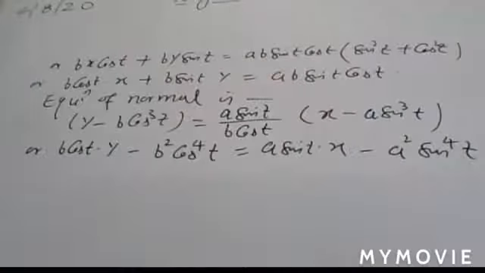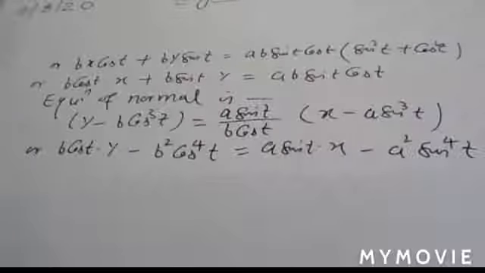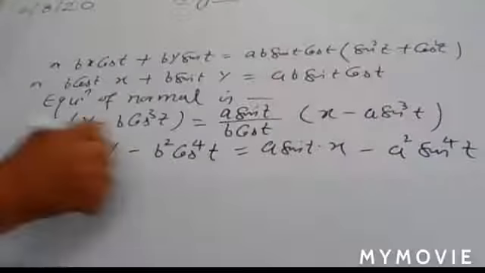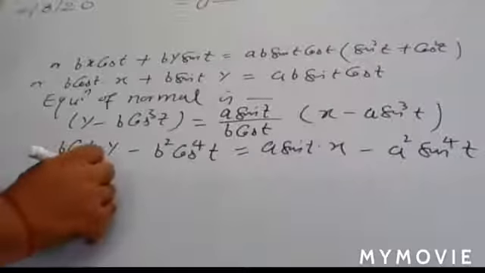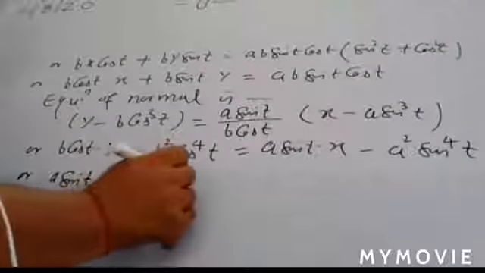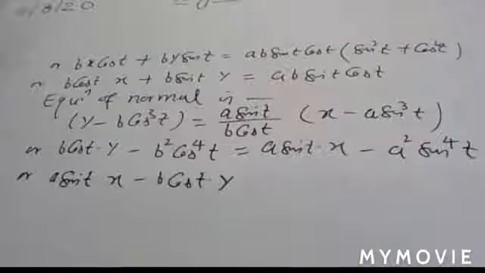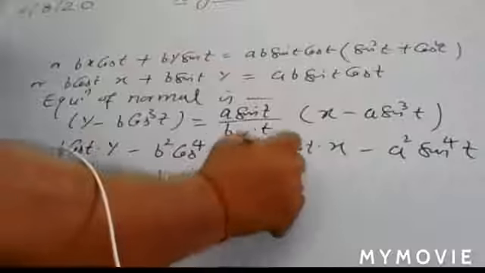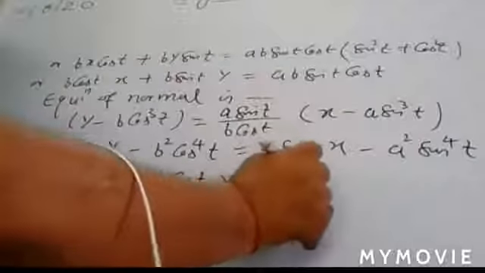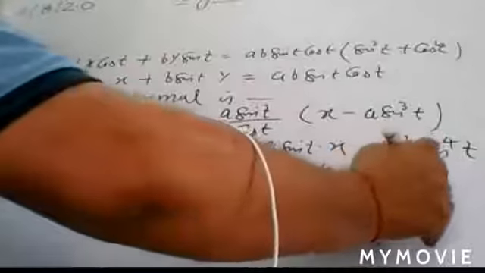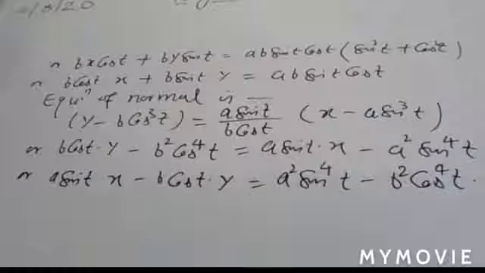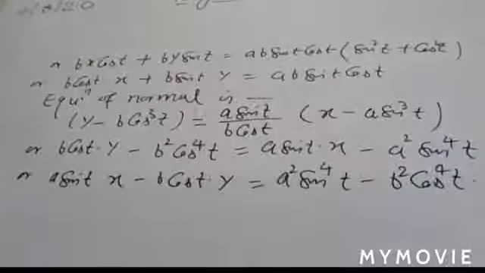Now that can be written as a sin t into x minus b cos t into y, and transfer this term to the right side. So you have a square sin to the power 4t minus b square cos to the power 4t. That gives the equation of normal.